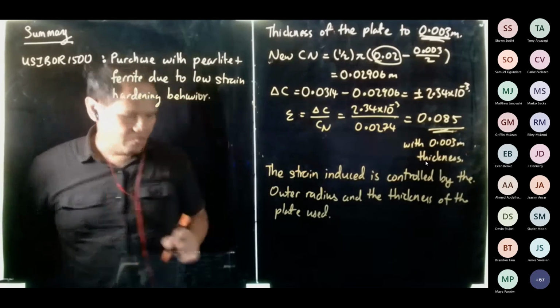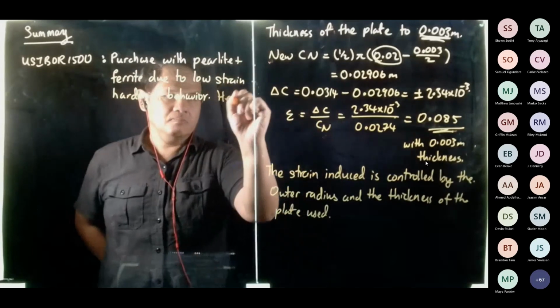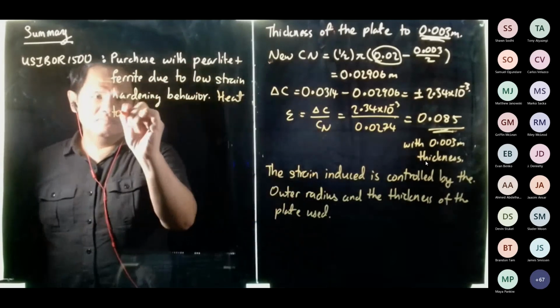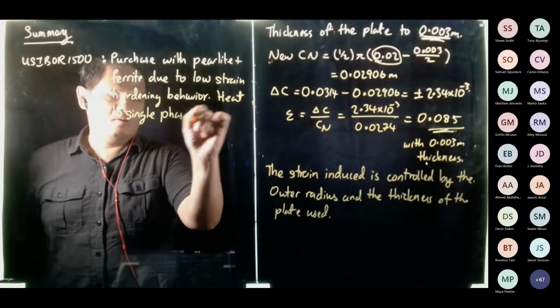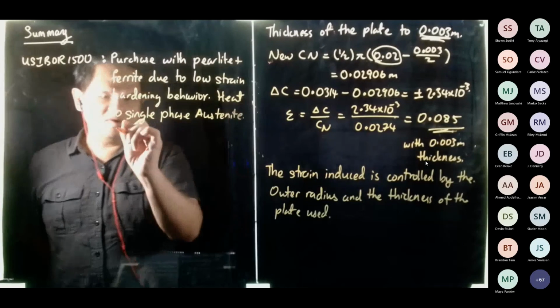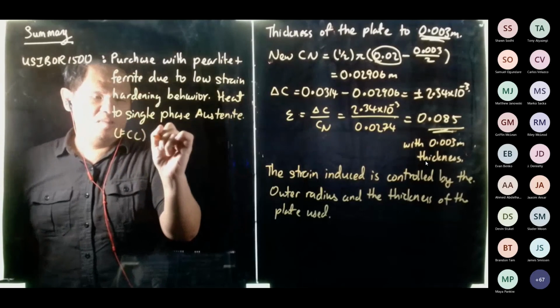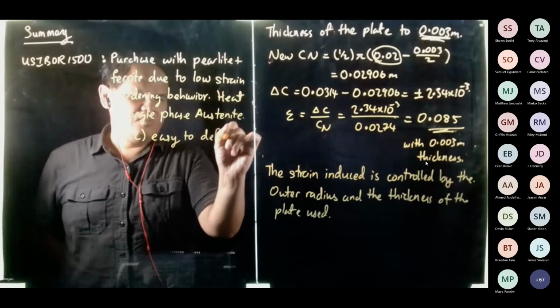Then we heat to single phase austenite, which has FCC, easy to deform, right?